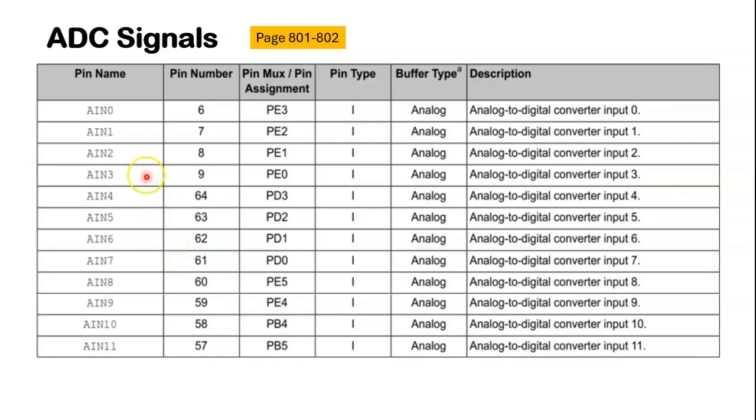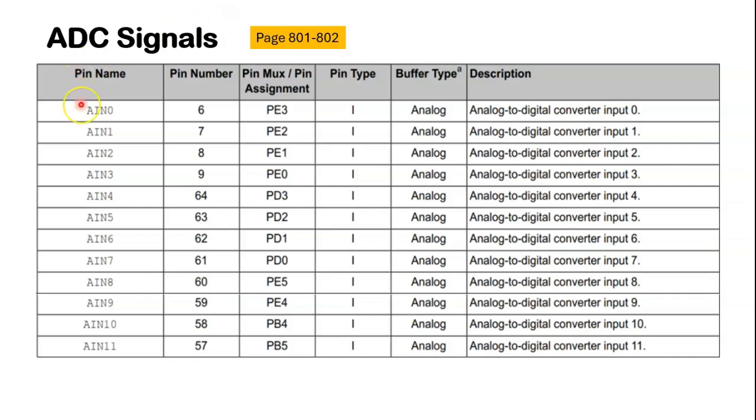Okay, so the table shown here lists the external signals of the ADC module, and I've taken this table from page 801 to 802 of the TM4C123G datasheet.